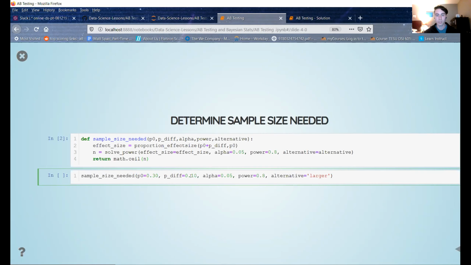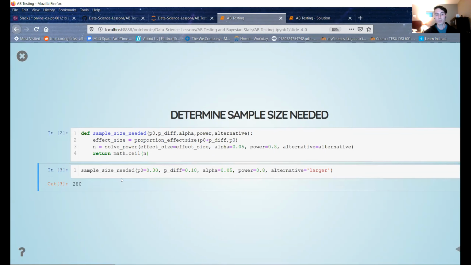So we pass that in here. And then we want to see if the new layout produces a larger proportion. So the alternative here is going to be larger. And if we run this, we see that we would need a sample size of 280. So what that means is that in both groups, we would need 280 customer samples. So we would need 280 with the old design and 280 with the new design.